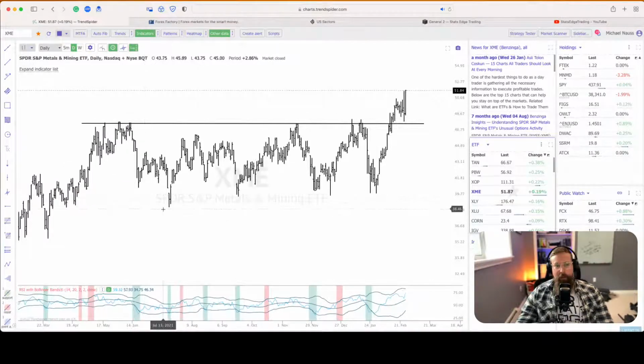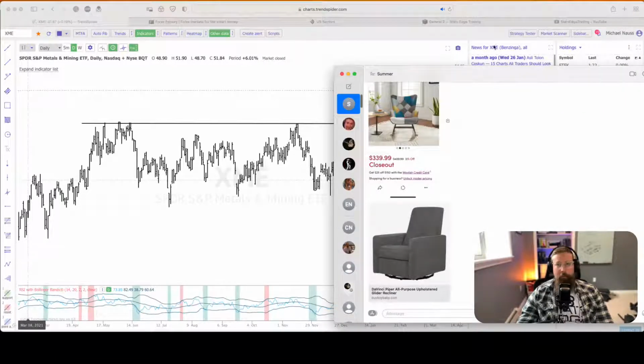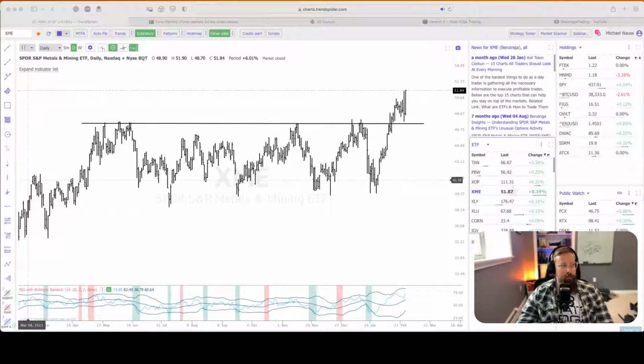XME, which is our metals and mining ETF, has broken out and held. This is not just gold, but gold and a lot of your non-precious metals. So it's a combination of precious metals and non-precious metals.